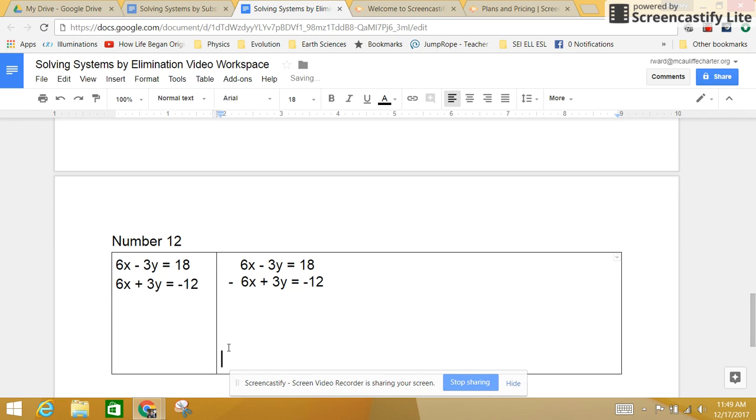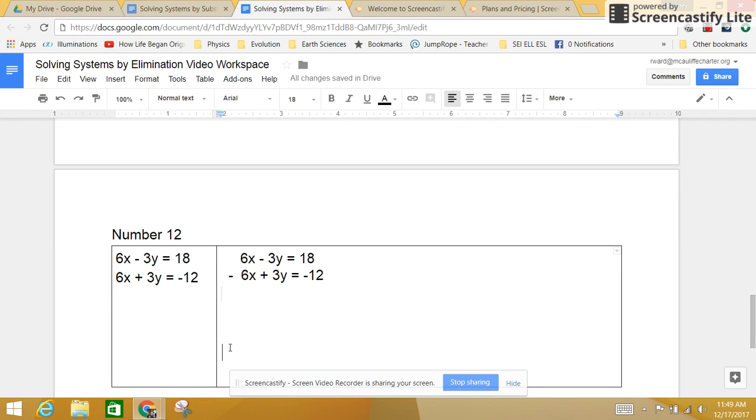So when I do that, I end up with nothing on the x term, so 6x minus 6x is nothing, but negative 3y minus 3y is negative 6y, and 18 minus negative 12 is 30, so I divide both sides by negative 6, and I end up with y equals negative 5, because 30 divided by negative 6 is negative 5.